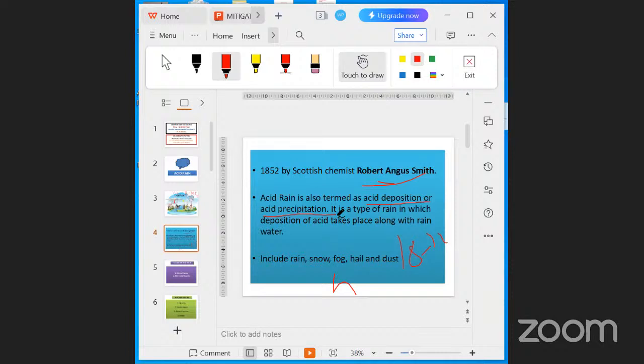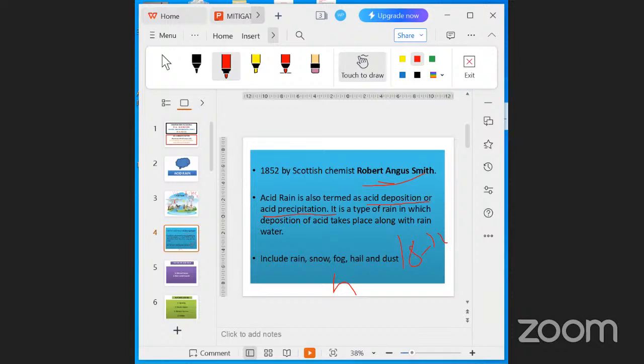Acid rain or acid deposition is a broad term that includes any form of precipitation with acidic components such as sulfuric or nitric acid that falls to the ground from the atmosphere in wet or dry forms, right?